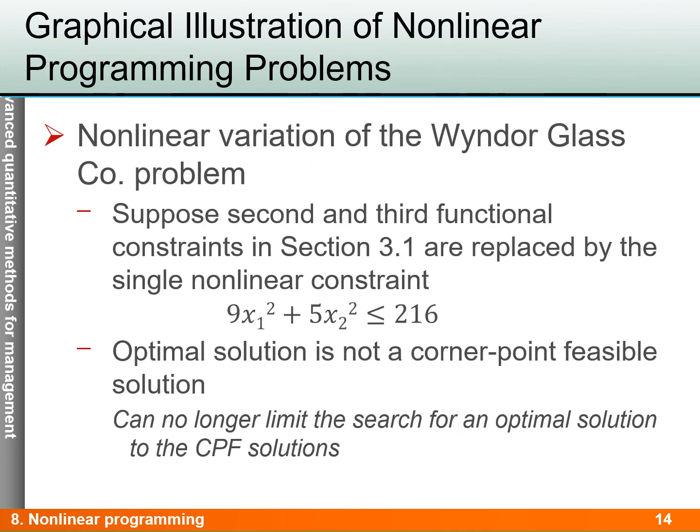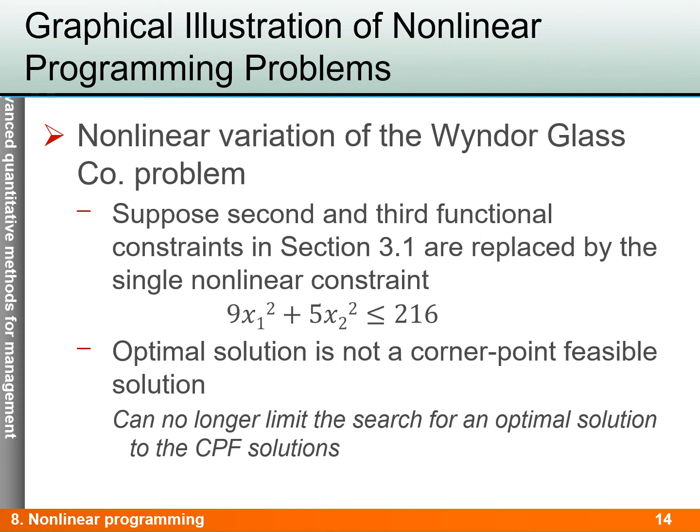Suppose the last example, the window glass company, was in linear form, but now we assume that instead of the second and third functional constraints, we replace them with a new constraint. The objective function remains unchanged, Z equals 3x1 plus 5x2.